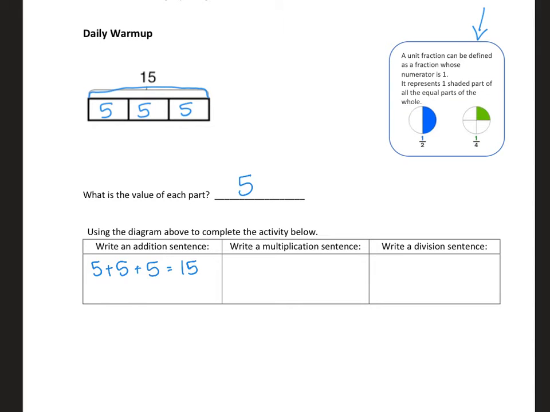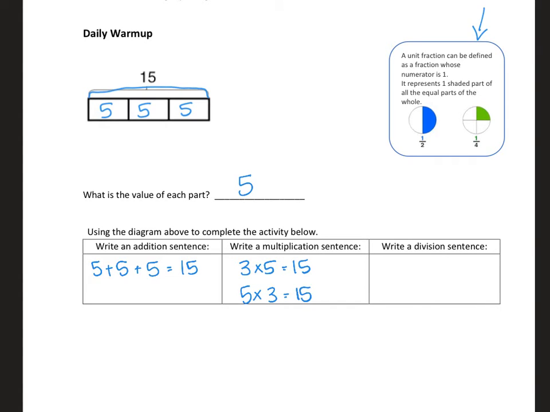Okay, my multiplication sentence is going to be 3 copies of 5. Okay, so 3 times 5 equals 15, or 5 times 3 equals 15.